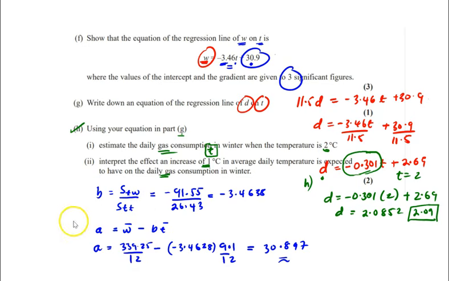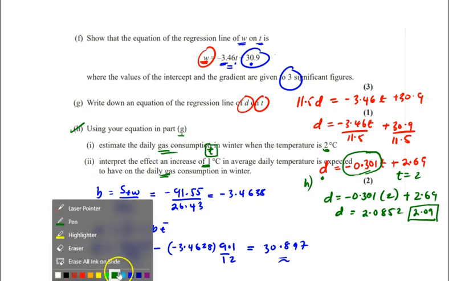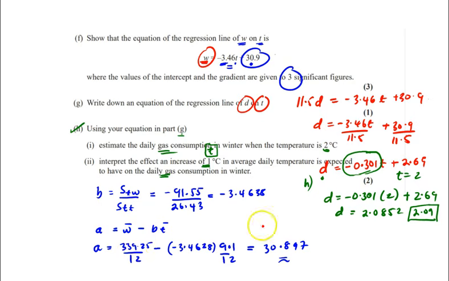So the interpretation of the gradient of the model is that if T increases by 1 unit, I'm looking at part 2 of H, the daily consumption, here it's negative, is going to go down by 0.301 meters. Remember, the units for the D is meters cubed.